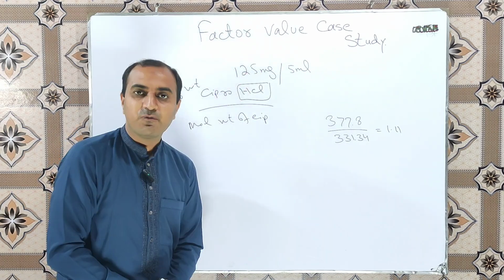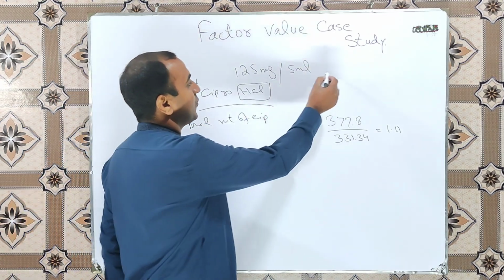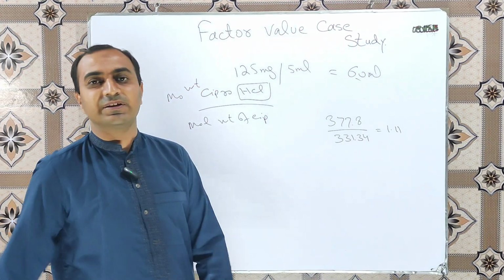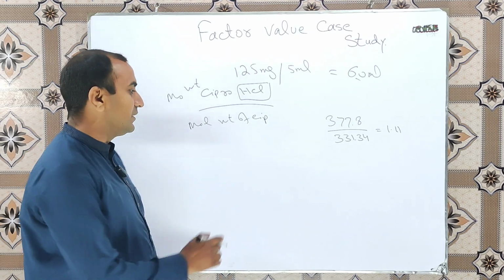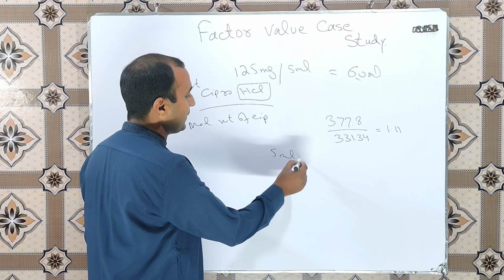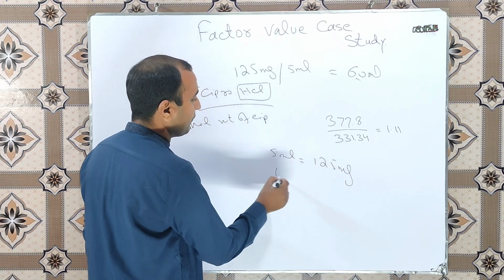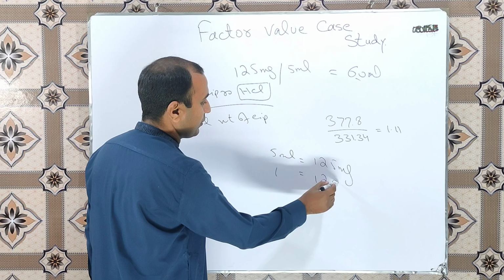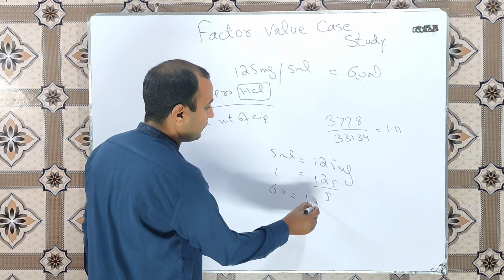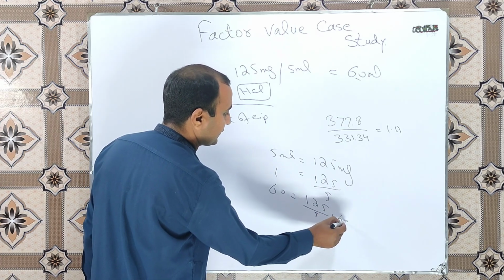So as he said, 125 milligram is present in 5 ml. One bottle volume after reconstitution is 60 ml. We will use the unit rule: 5 ml contains 125 milligram, 1 ml contains 125 over 5, and for 60 ml we have 125 over 5 into 60.